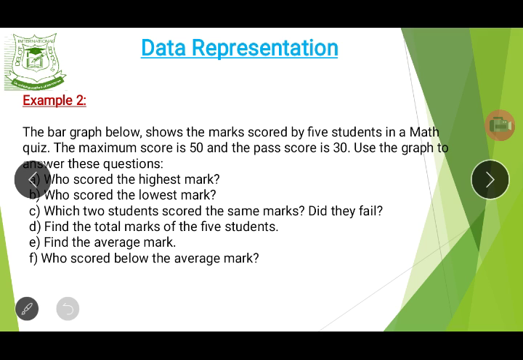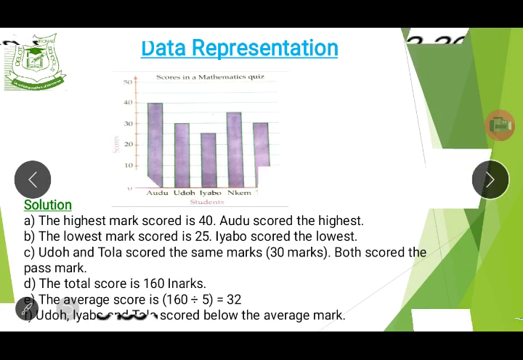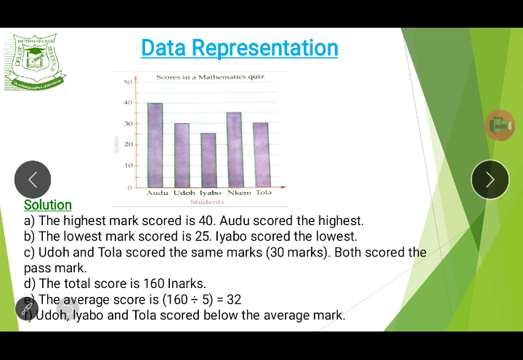Now then, another question says find the total marks of the 5 students. The total marks of the 5 students. Now, I've already written the answer here, 160. But for your sakes, let's do it together. Now we have 40, right?